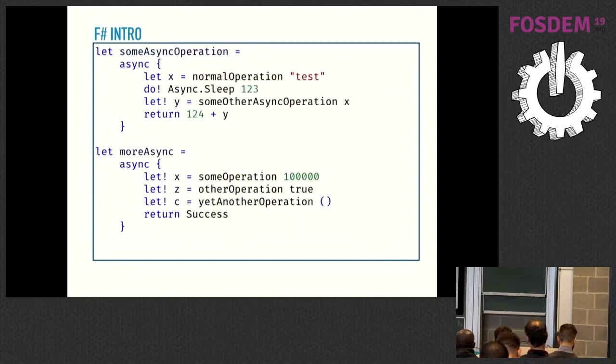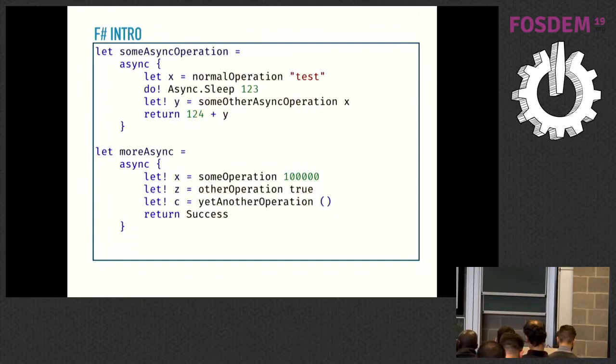And the computation expressions. A computation expression is a block of code in curly braces that has some name before it. So those are examples of the asynchronous computation expression. And what a computation expression does is it changes the way that the code inside of it is executed in some way. And it introduces a couple of additional keywords to this scope.